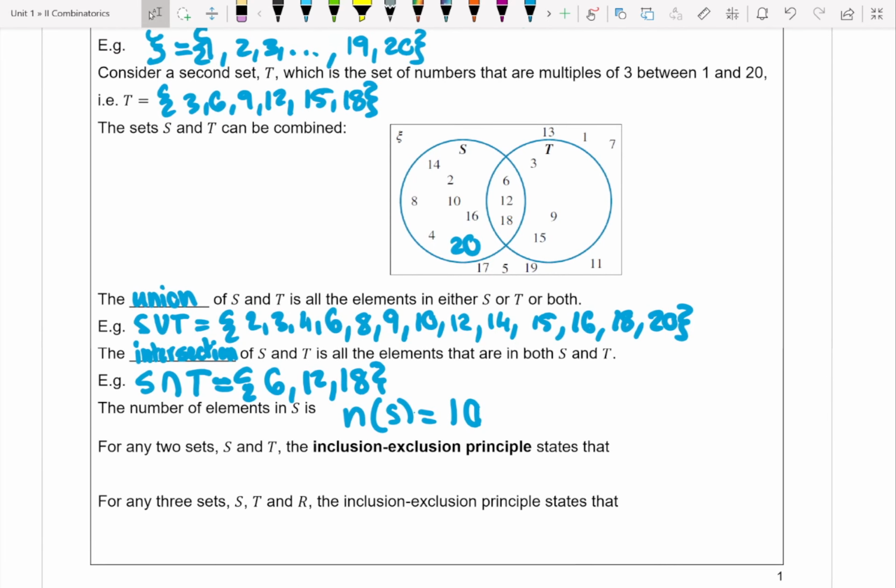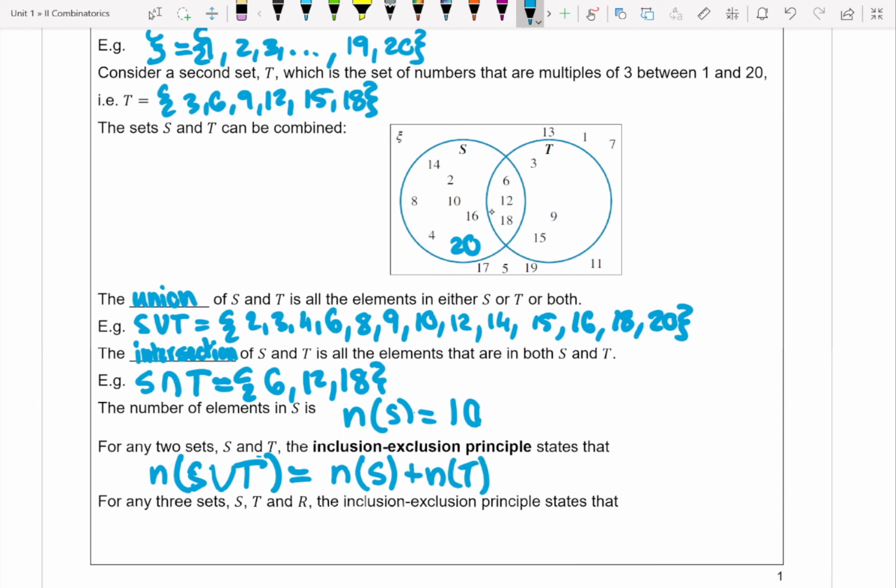If we wanted to find out how many elements are in both S and T, we'd use what's called the inclusion-exclusion principle. So the number of the union of S and T is equal to the number of things in the circle S plus the number of things in circle T, but you'll notice if we add those two things together, we have an issue.